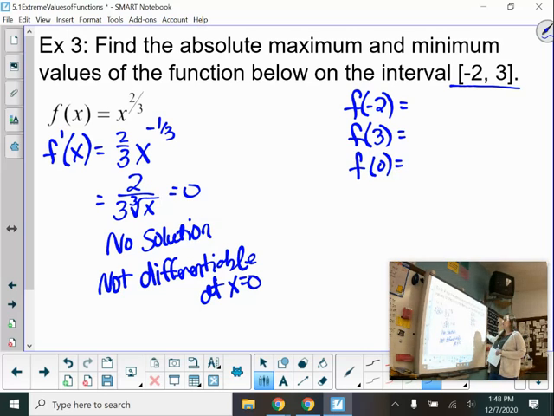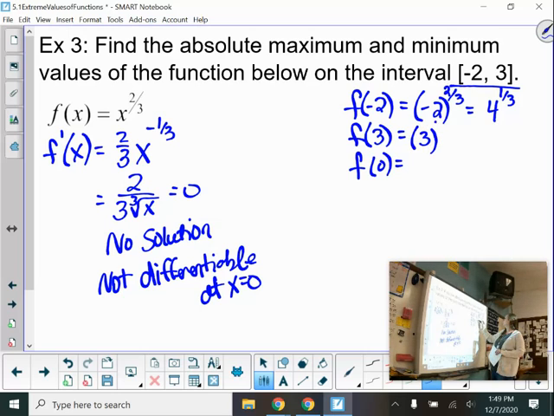So now to actually find our absolute min and absolute max values, we need to plug these in. So f of -2 is going to be -2 to the 2/3 power, which is the same thing as 4 to the 1/3 power, so the cube root of 4, basically.